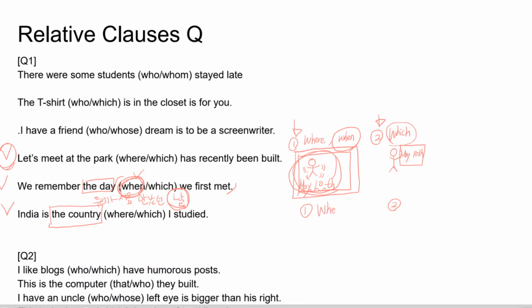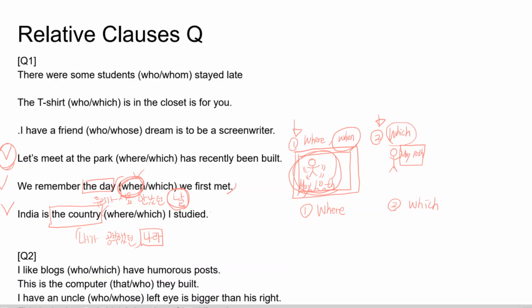If it is where, or if it is which. Let's try and translate this first. 내가 공부했던 나라. This is the translation, right?